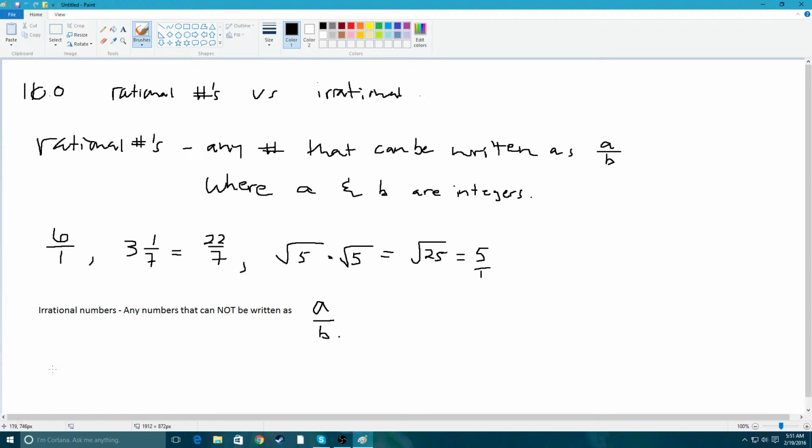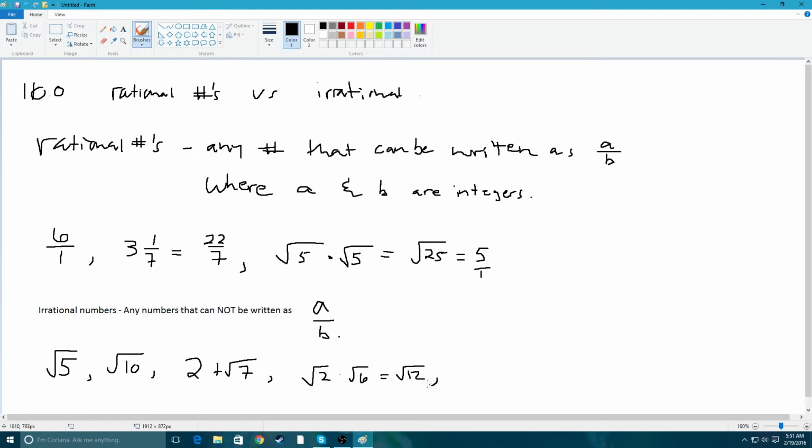So an example of this would be like the square root of 5. Irrational number. Square root of 10. That's irrational. 2 plus the square root of 7 is irrational. If you multiply two irrational numbers, square root of 2 times the square root of 6, you get the square root of 12, which is irrational.